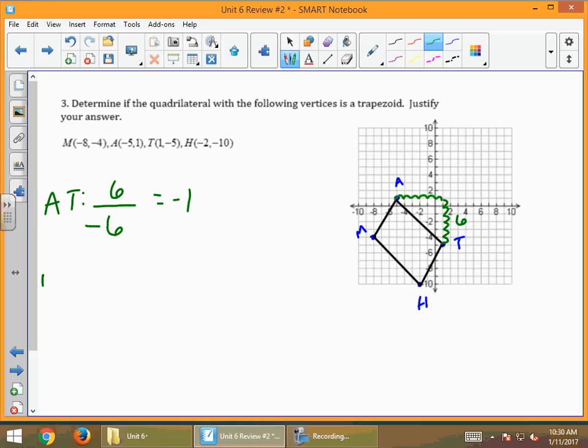Repeat that same process for the side directly opposite of AT. So for MH. We find the slope of MH, count down. How far do we go down? 6, but we went down, so it's going to be negative 6. Count over.